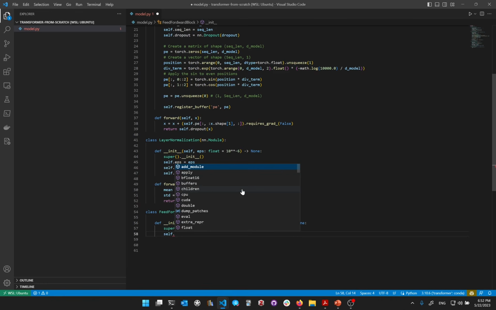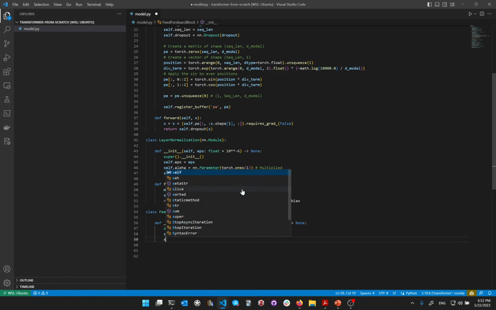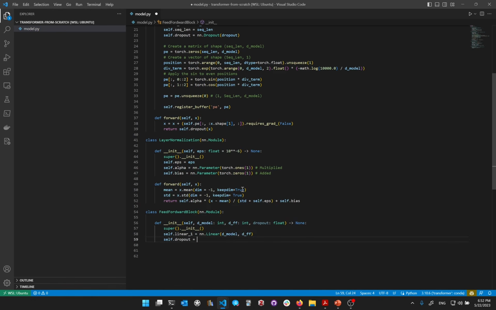We define the first matrix, so W1 and B1, to be the linear one, and it's from D model to DFF, and then we apply the dropout. Actually, we define the dropout, and then we define the second matrix, W2 and B2.